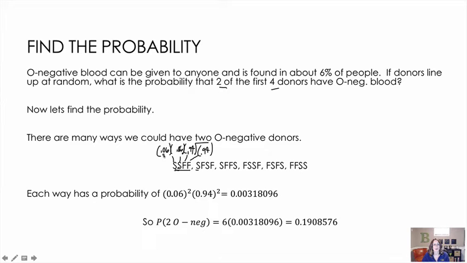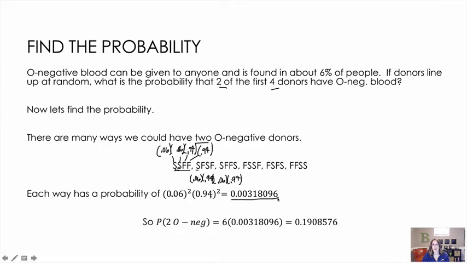So this one would be 0.06 times 0.06 times 0.94 times 0.94. What would this one be? Well, even though it's in a different order, I would still take 0.06 times 0.94 times 0.06 times 0.94. So instead of writing that out, which is ridiculous, we're saying, all right, each time I've got 2 successes and 2 failures, which is this large number.